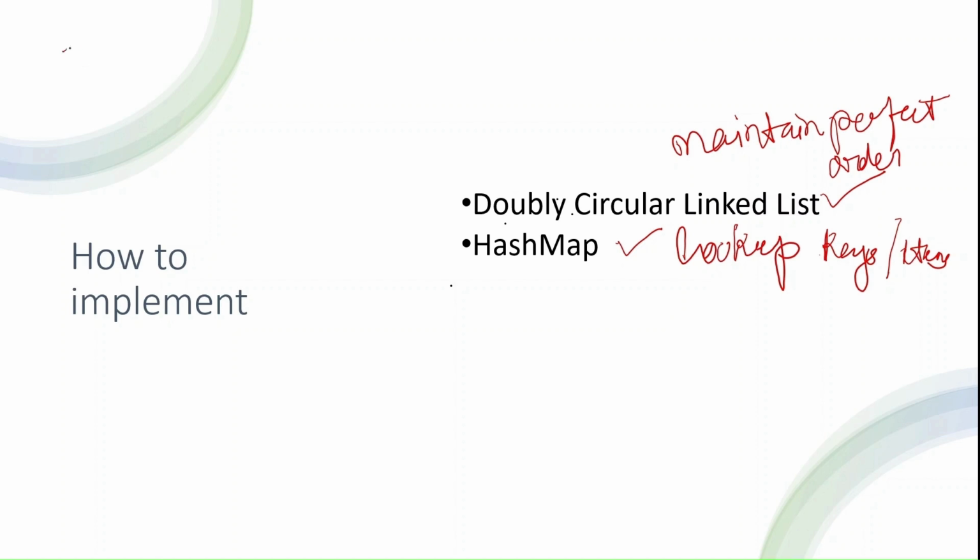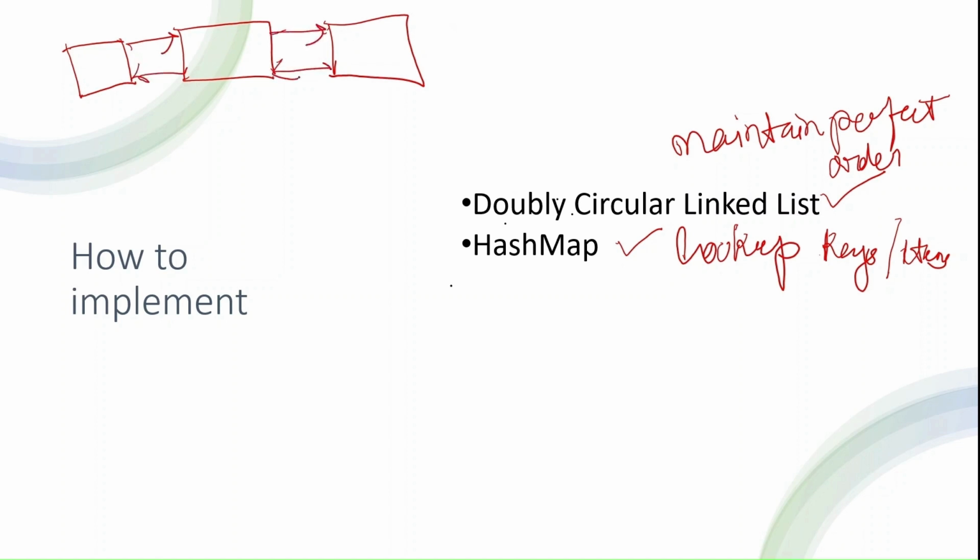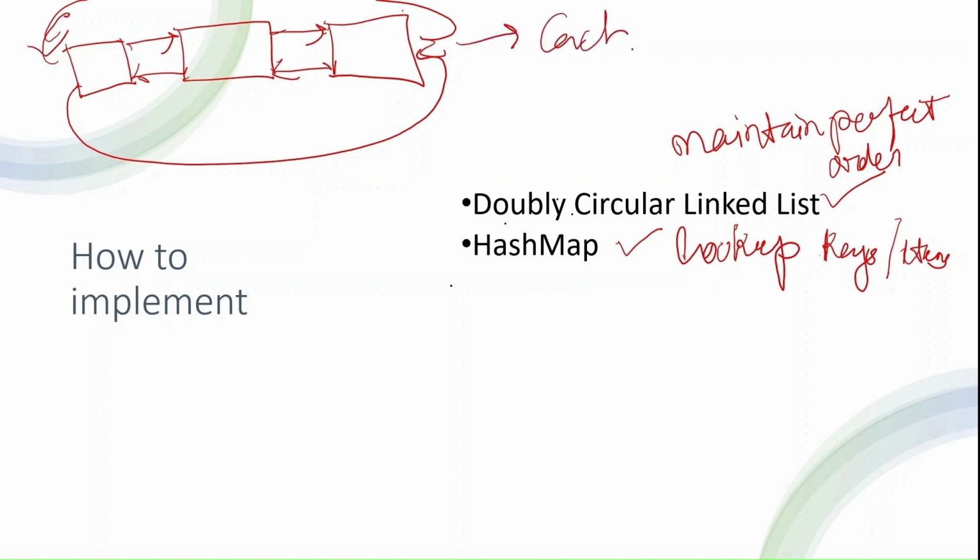The cache is represented as a doubly circular linked list, right? This is what a doubly circular linked list looks like. This represents a cache.